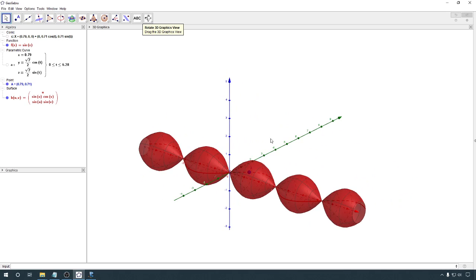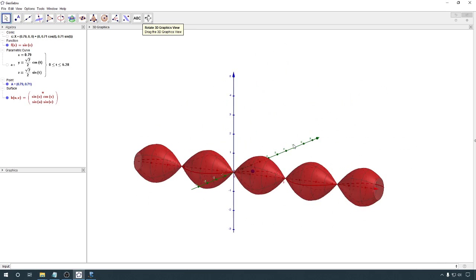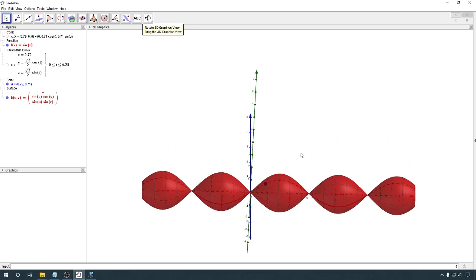So we've taken our y equals sine of x curve, and we've rotated it around the x-axis, and we get this kind of interesting looking, I don't know, beads on a rope kind of thing.